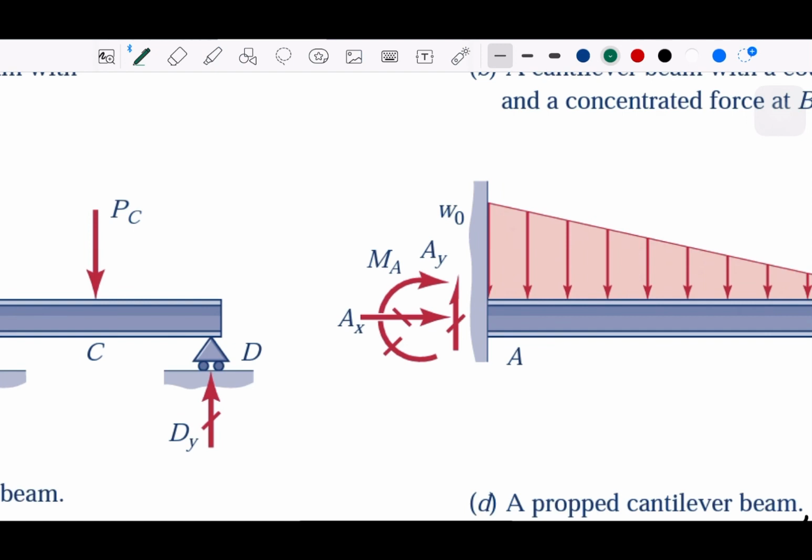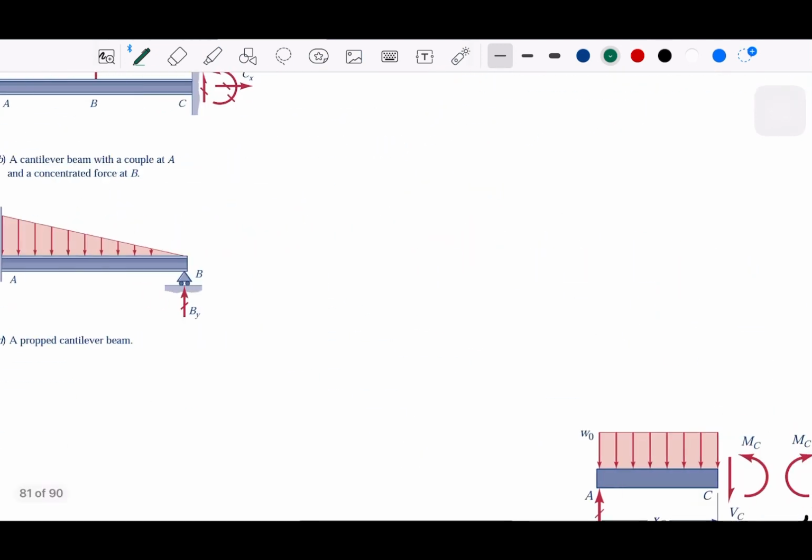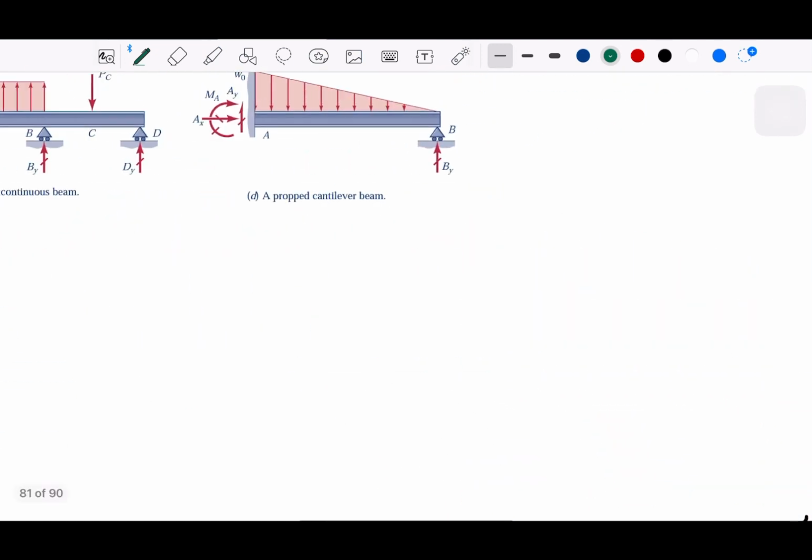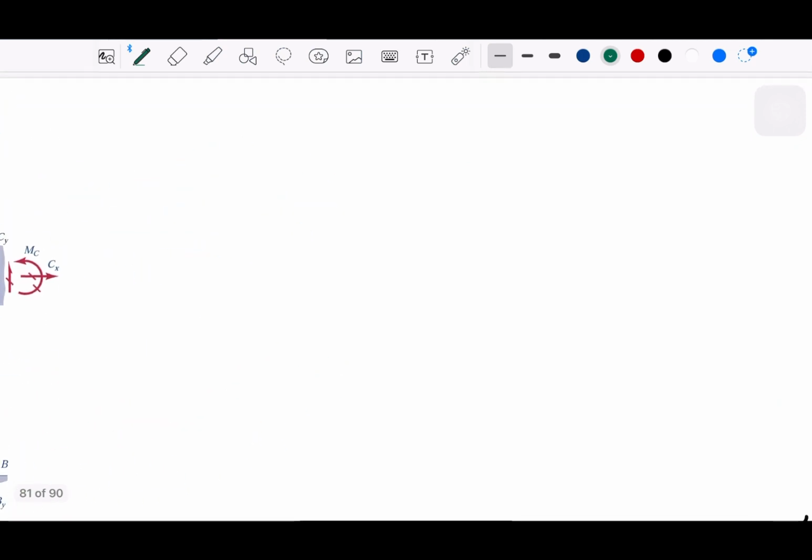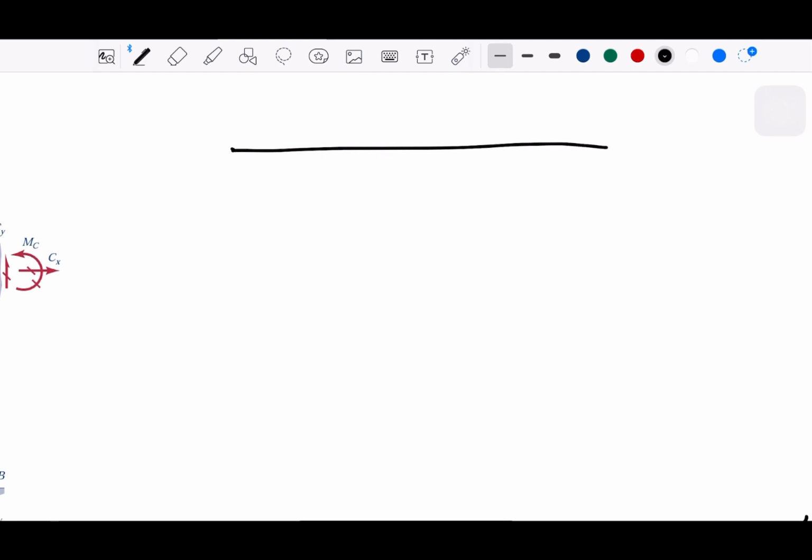Okay, before we go to this part here, let me give you some context. Suppose that you are having a shovel.